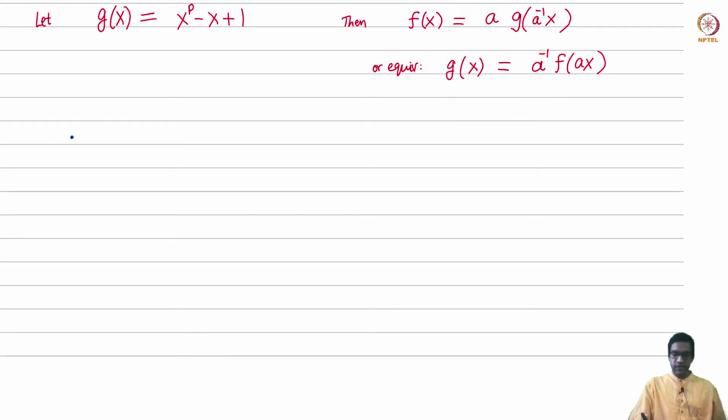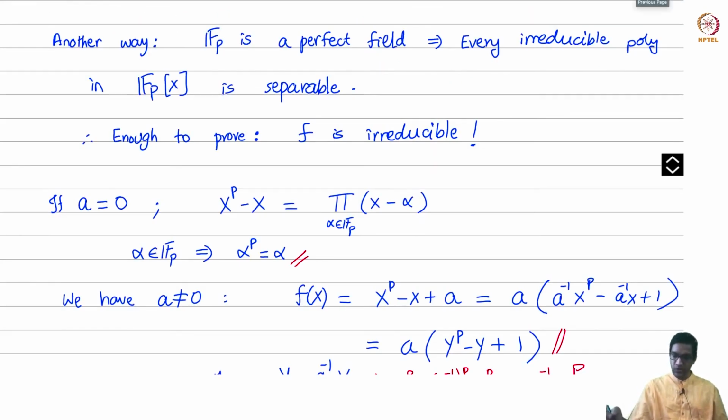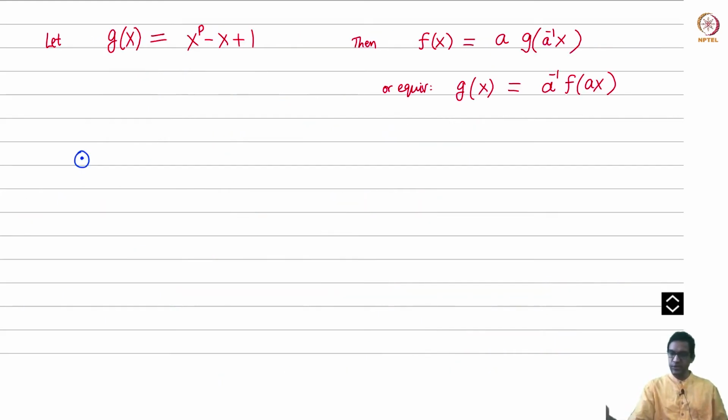This says that if f, so maybe I'll number the facts along the way. So let's see, this is if A equals 0, what happens? Step 2 is this simplification here. Step 3 is realizing that, well, okay, maybe this is still step 2.